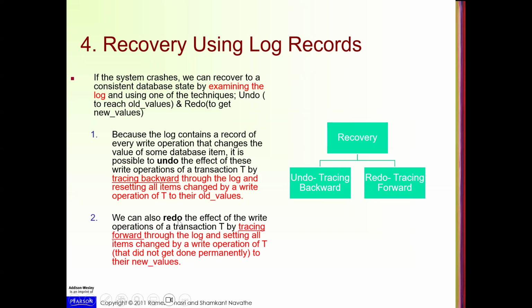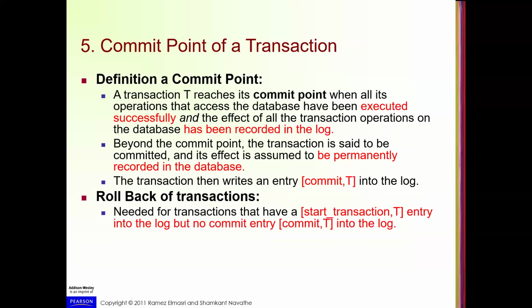We can also recover by redoing the transactions by tracing forward through the log records and setting all the items changed by write operations of the T that did not get done permanently to the new values. So this is redoing, and this is undoing. In undoing, you undo the older values, you redo the new values, and then you reach the point where the system was working properly.